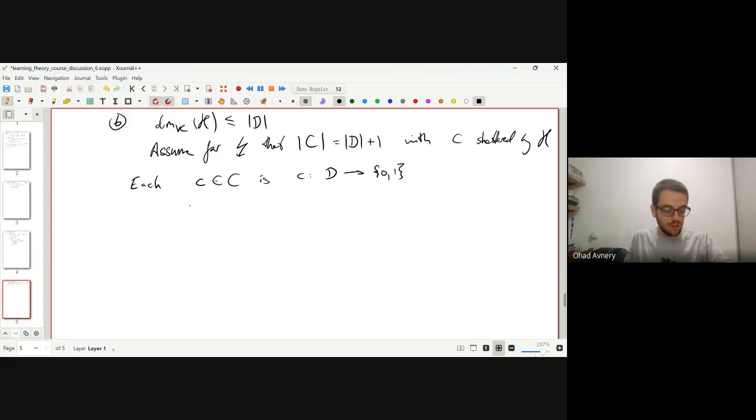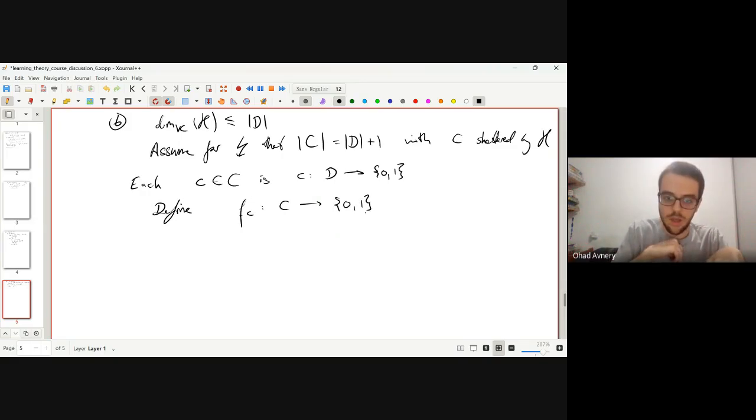Now I define M functions from C to 0, 1, where ft sends everything to 1 except our selected element. Okay, the indices are a bit confusing.